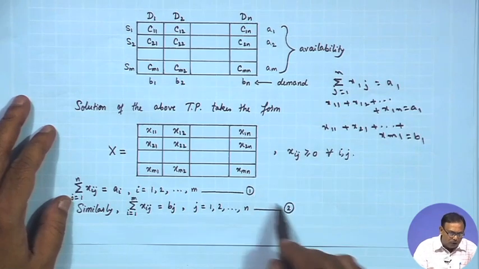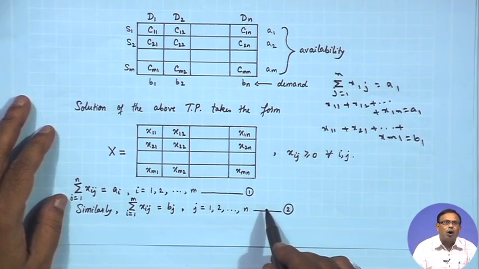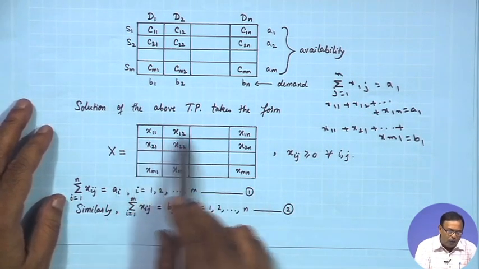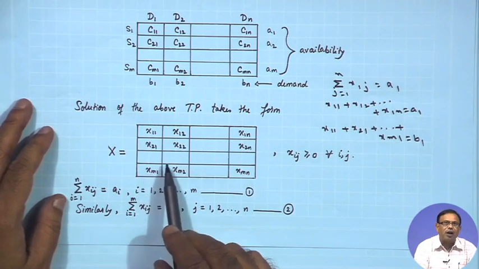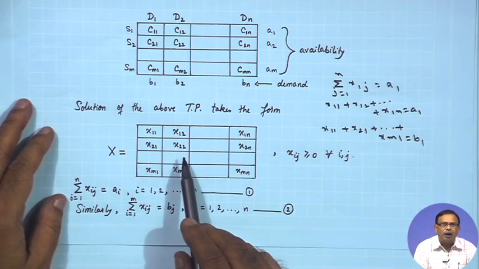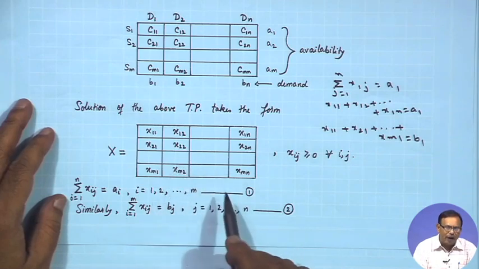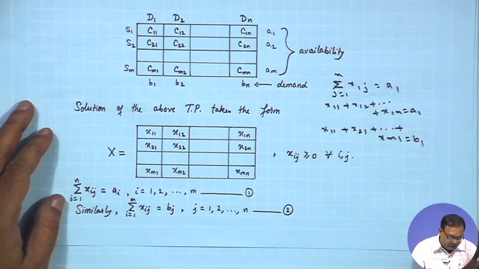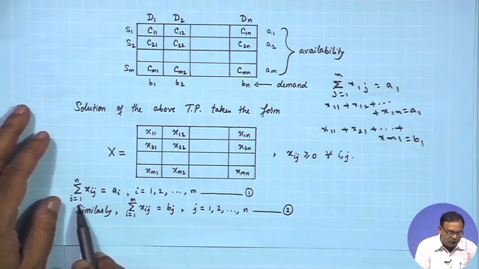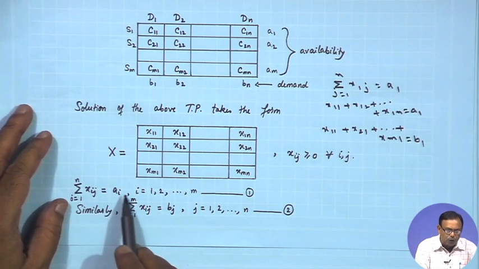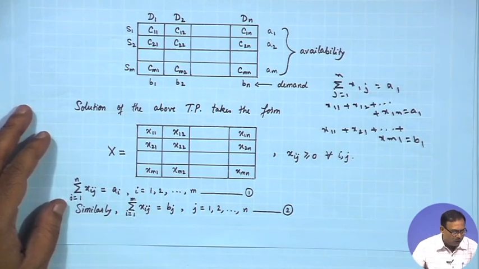So please note these 2 points; these 2 conditions should always be satisfied. I want to find a solution matrix x i j, where i varies from 1 to m and j varies from 1 to n, and in that case these 2 conditions must be satisfied.